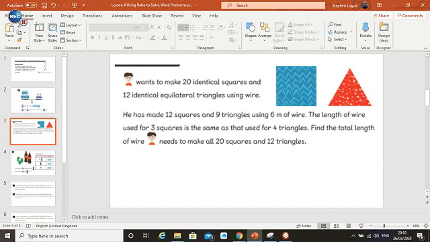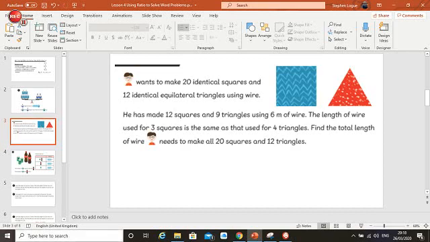3 squares is the same as 4 triangles. So, squares, triangles. 3 squares to 4 triangles. The next fact that will help us is that he's made 12 squares and 9 triangles using 6 meters of wire.